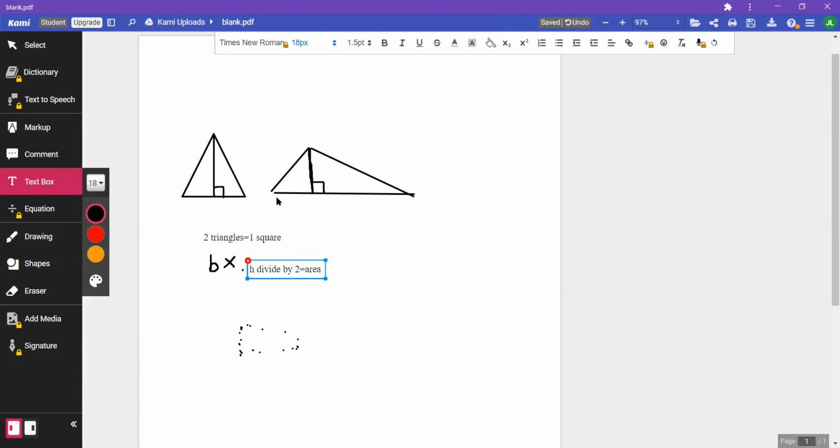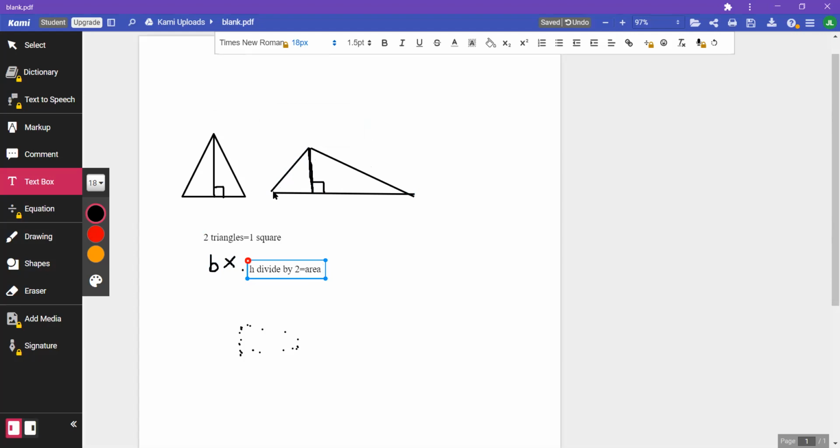The dividing by 2 is because if you do the bottom times the height, you actually get 2 of them. If it is 2 of them, you have to divide by 2 because we're trying to get the area of 1 triangle. So whatever you do, just follow this.